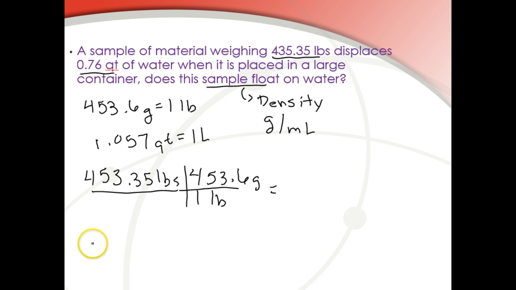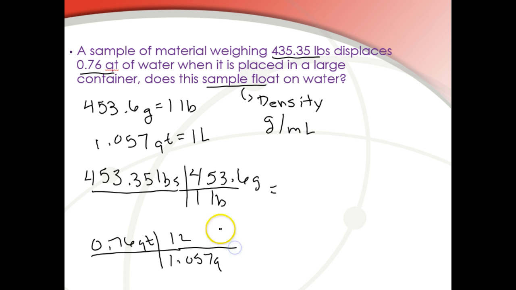And then we go to the other unit, 0.76 quarts. I know that there are 1.057 quarts to a liter, and I also know that there's 1,000 milliliters in 1 liter. So there are my conversion factors. I cancel out everything, making sure everything cancels, and I'll get my answer.